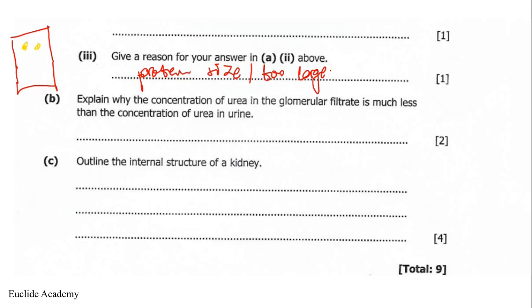You have water molecules, you have urea, and then what else? You have amino acids, okay, so water, urea, amino acids, and we have glucose. Okay, we have glucose there. So during selective reabsorption, some of these are taken.